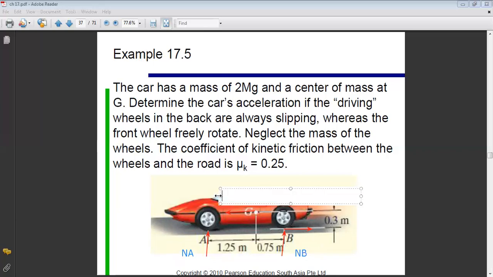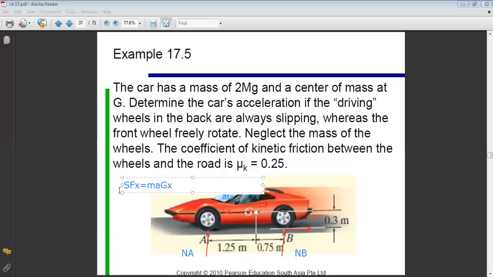So I have 3 unknowns. I need 3 equations. What are the 3 equations to use? First one, sum of x. Yes, very good. Sum of F_x equals m a_G x.